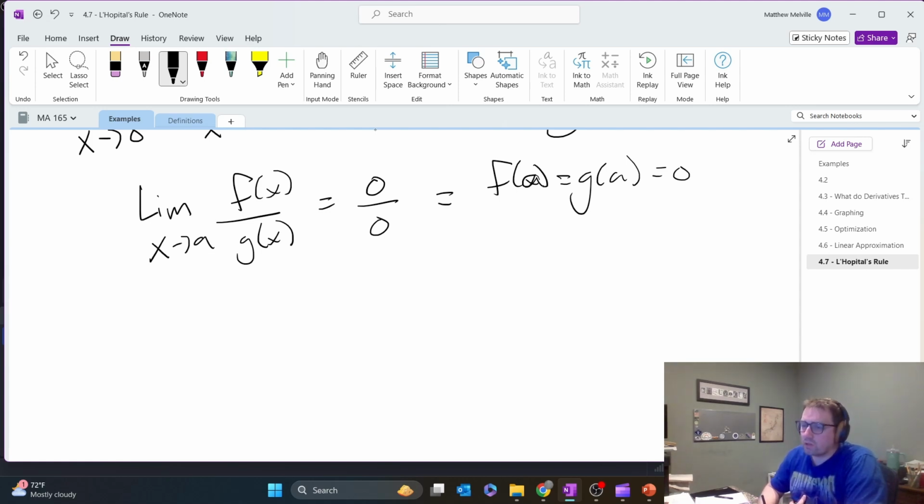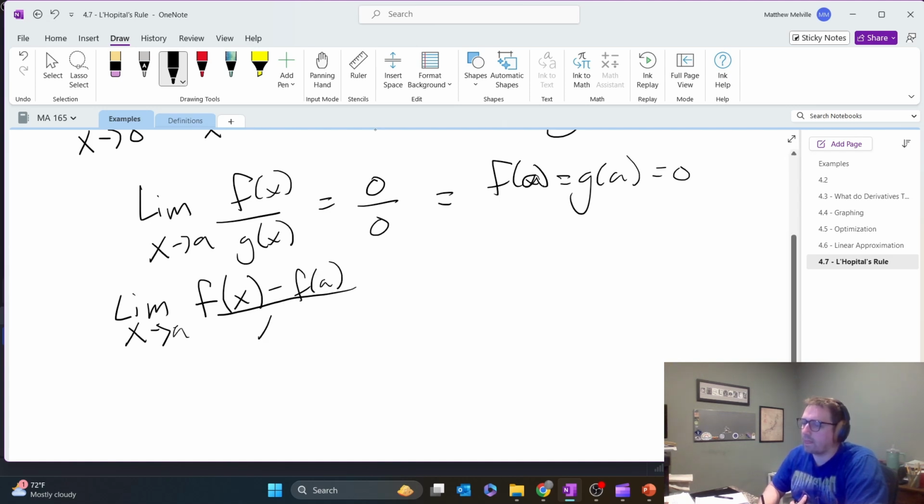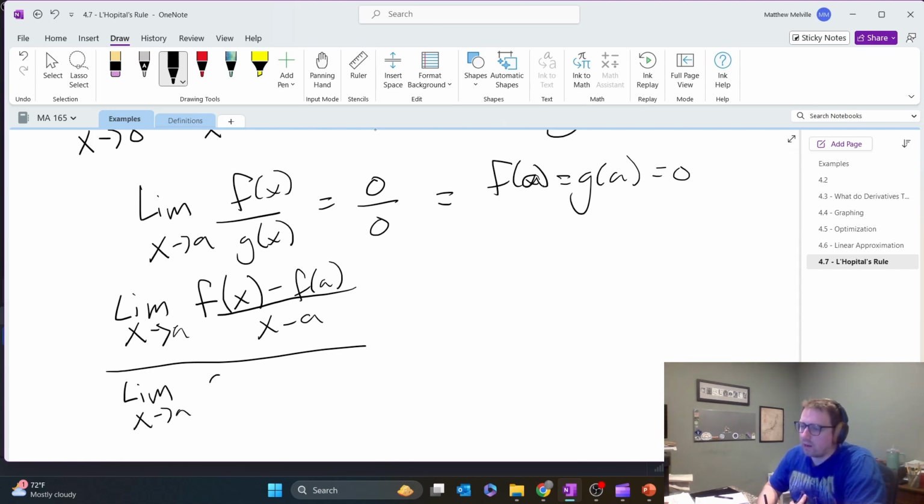Well, we can do a little trick and say, what if I took the derivative of these? So that's going to be the limit as x approaches a of f of x minus f of a all over x minus a, divided by the limit as x goes to a of g of x minus g of a all over x minus a.